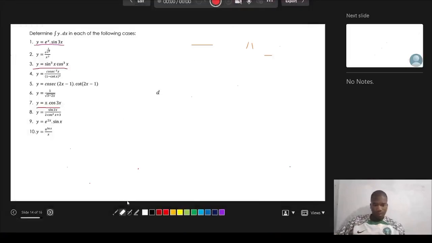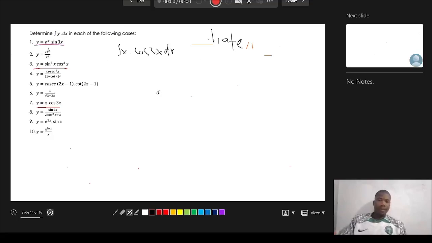Okay, so here is another problem that we have to deal with, which is we have to integrate y equal to x multiplied by cos 3x. So let us write it down, right? The integral of x multiplied by cos 3x dx. Then we follow LIATE.